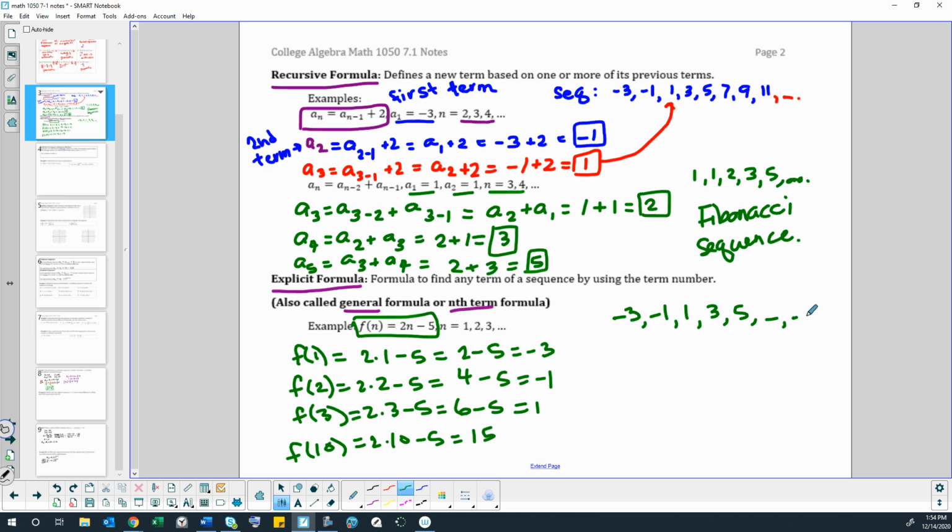So down the road, 1, 2, 3, 4, 5, 6, 7, 8, 9, the 10th number is 15, and we didn't have to find all the numbers in between to find that answer. That's the beauty of an explicit formula. Okay, so these types of formulas work for almost any sequence. They don't have to be arithmetic and geometric, but we're going to focus on those two types.